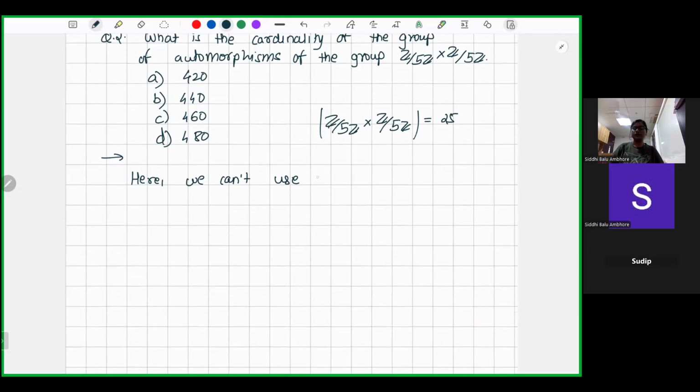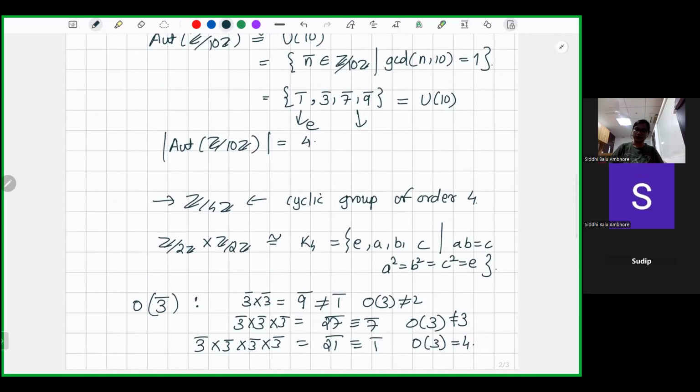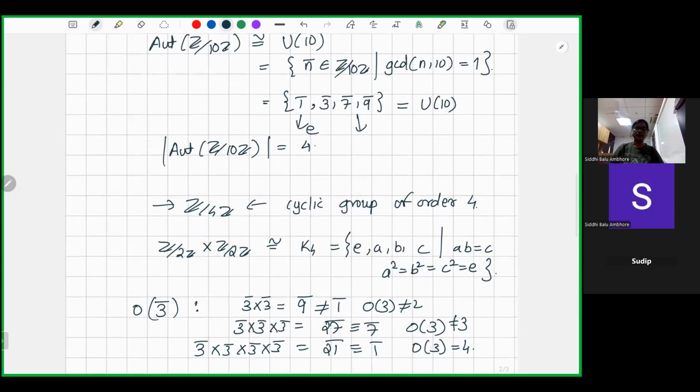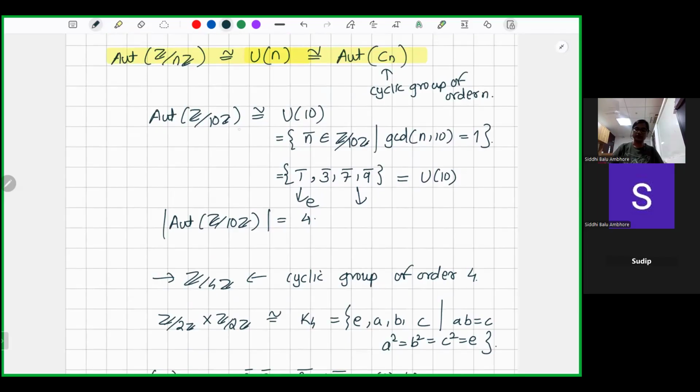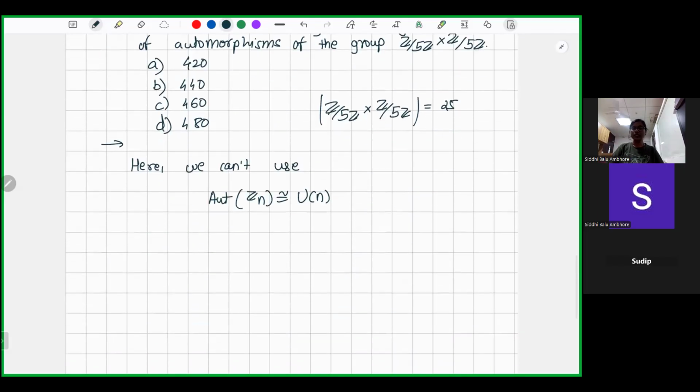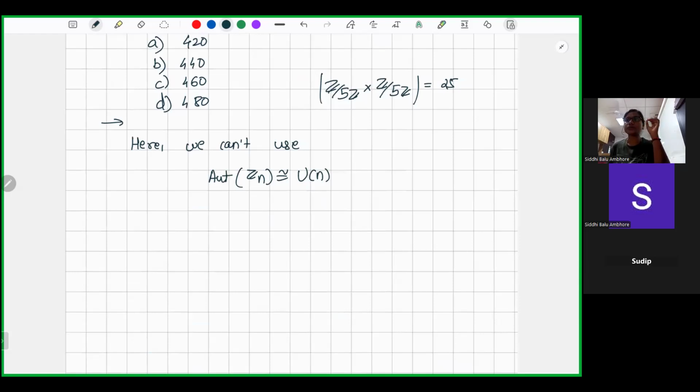We can't use Un isomorphic to the automorphism group of Zn, with the notation which we are following.